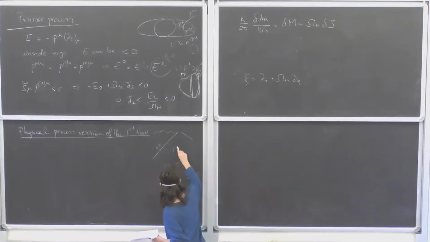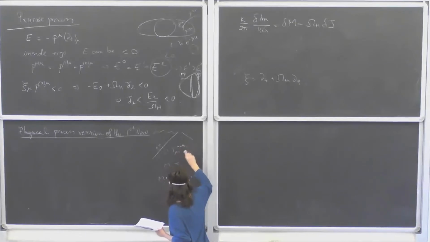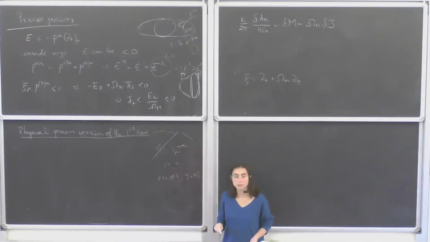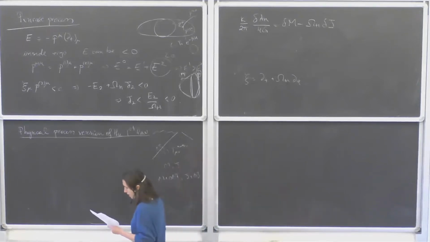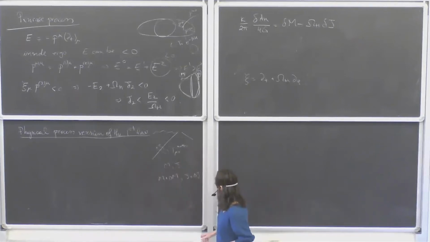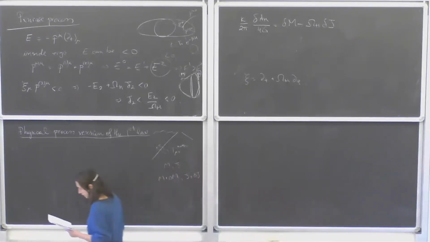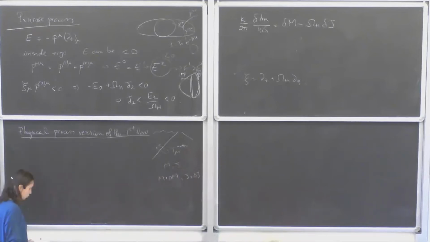So let me call T mu nu matter the stress energy of the matter that you're throwing in. For this version of the law, we're going to do something very naive.